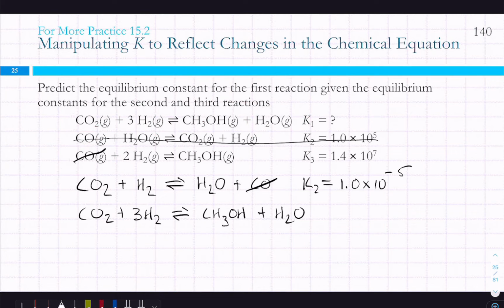And now our K1 is going to be equal to K2 times K3. Good?